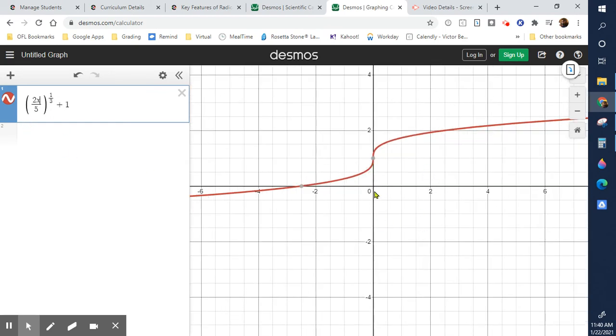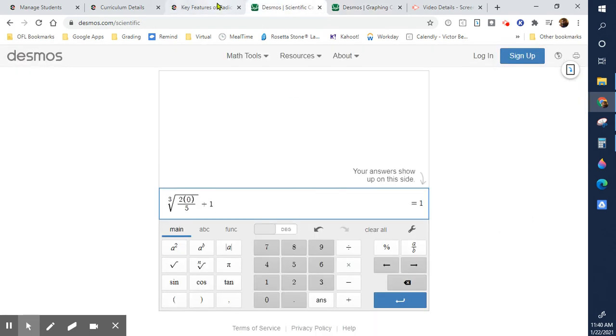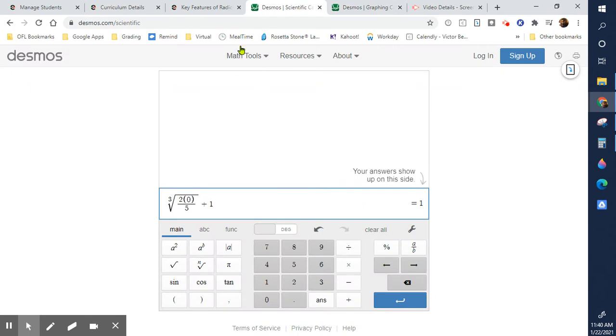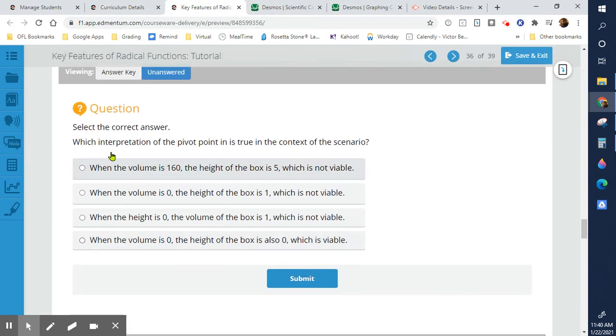So you can see here that the pivotal point is right here. The input of the volume is 0, but the height is 1. So what we're going to do here is our input was 1, but the height is 0. So we kind of have to think about that backwards.